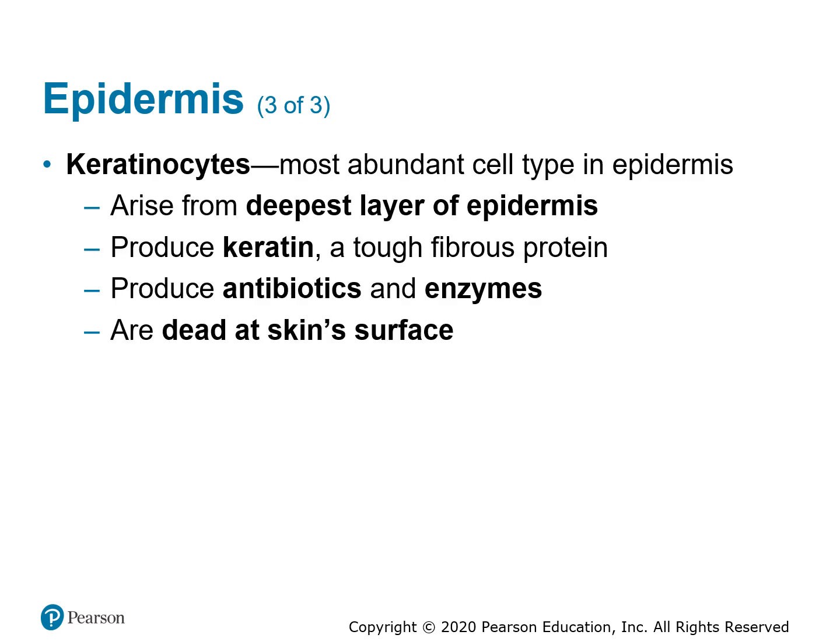So, going back to those keratinocytes, they are the most abundant cell type in the epidermis. Most of the cells are keratinocytes. They produce antibiotics and enzymes to help deter bacteria from getting into your skin. By the time they get to the top layer, the stratum corneum, we'll talk about that in just a second, they are dead, long been dead.